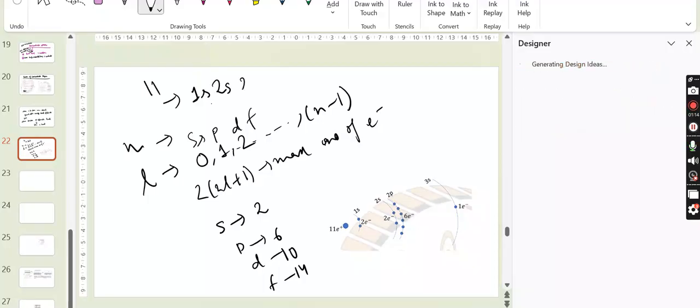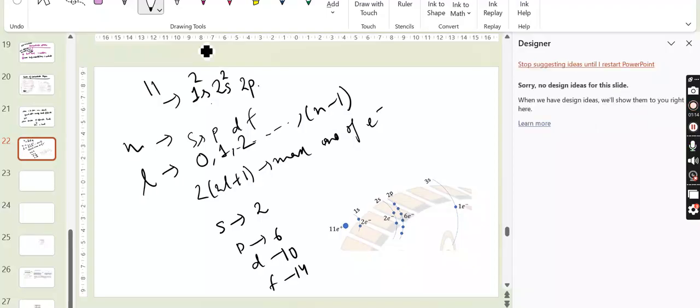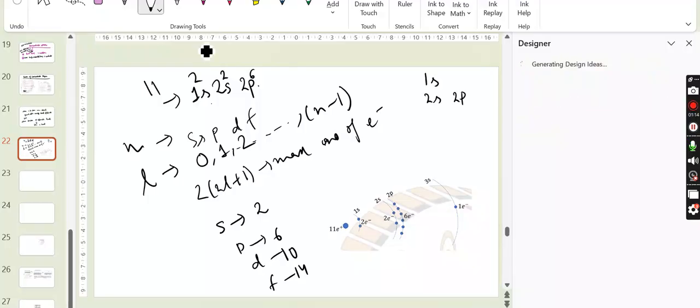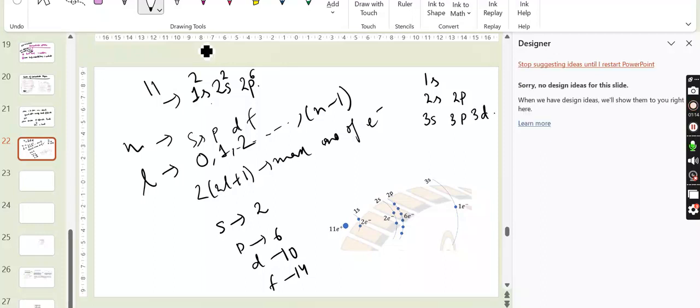For 2, it is 2s and 2p. So this is 2, this is 2. This is 6, that consists of 10. Then the next quantum number, obviously that would not be in d. For 3, it is 3s, 3p, 3d.